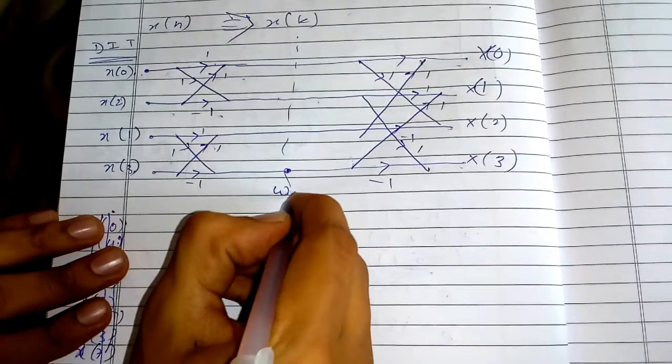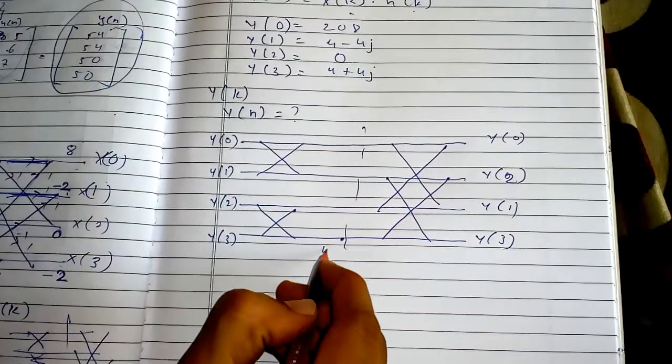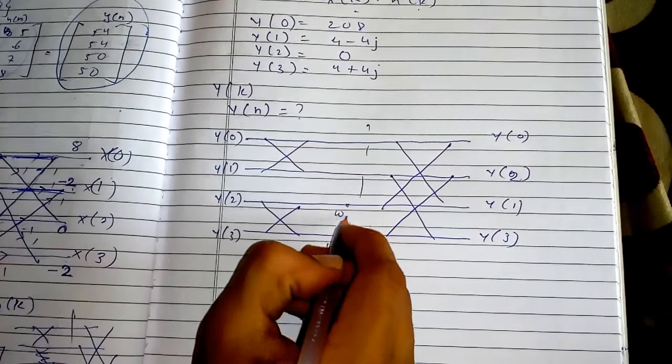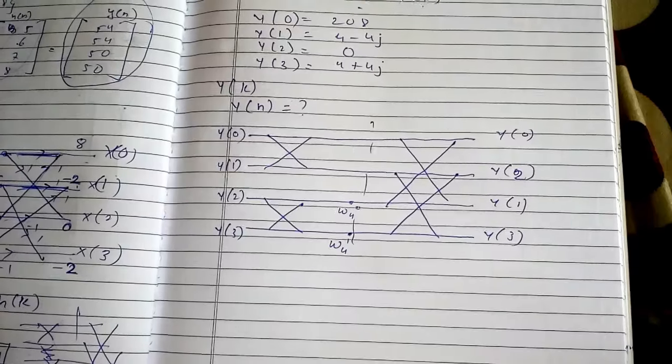Or what you can do is write y of 0, y of 1, y of 2, y of 3 here, and here you write y of 0, y of 2, y of 1, y of 3. Just make small crosses here, then leave one and then make big crosses here. Okay, here it will come out to be omega 4 raised to 1, here it will be omega 4 raised to 0. Nothing changes here.